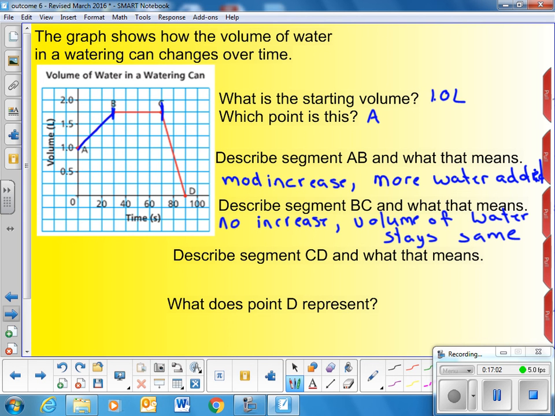So CD is this part of our graph. And this is a steeper decrease than AB. And that decrease in water means that the water is being dumped out or being emptied.